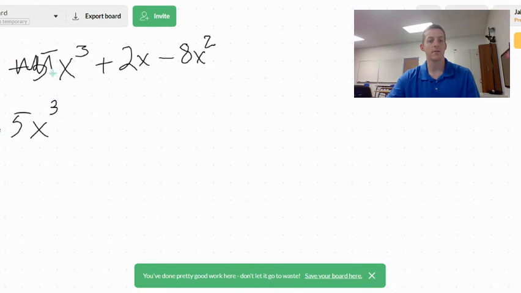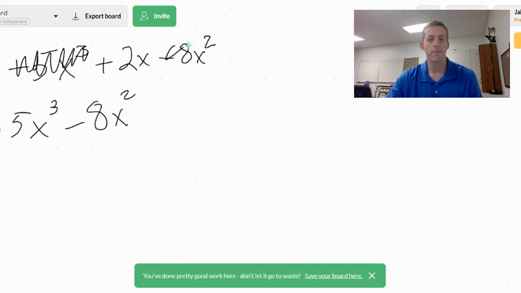So I'm going to mark that out since I got it. Remember, we have to take that negative because it is part of that 5x cubed. So what's going to be the next one? It's going to be negative 8x squared plus 2x plus 4. That is a positive 4.